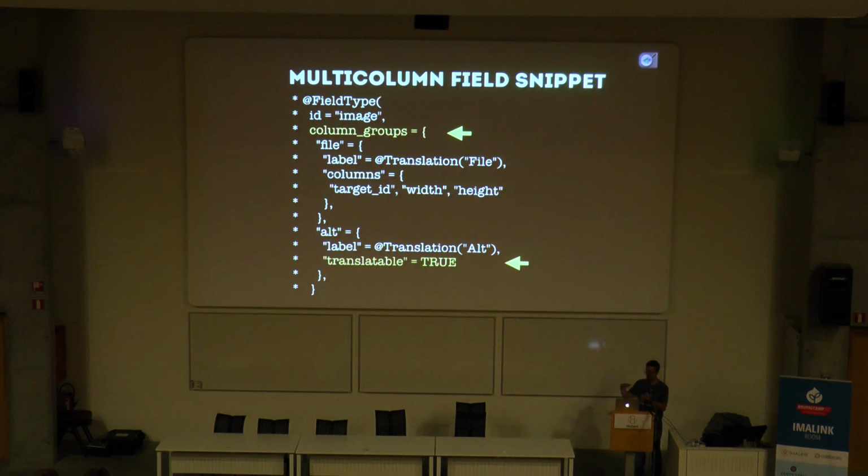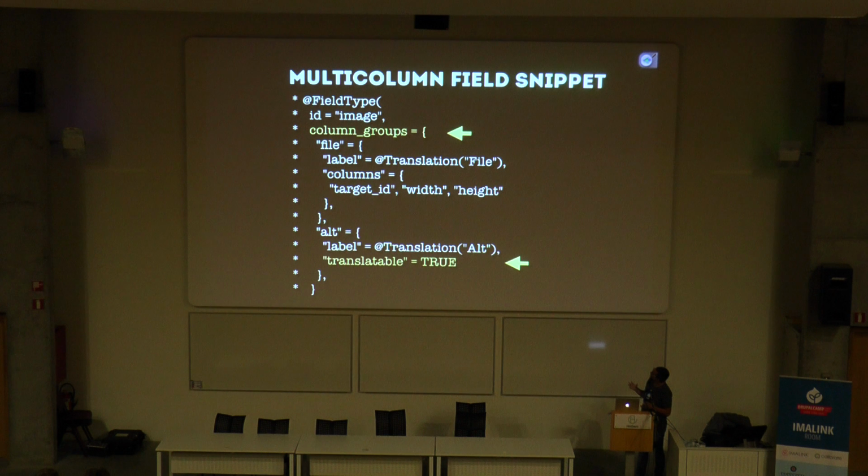fields that are composed of different columns, like for example the image field, you have the possibility of making your fields translatable on a more fine-grained basis. And you can use the column groups, and there you can group columns. Like in the case of the image, you have the file with the target ID, the width and the height of your image.